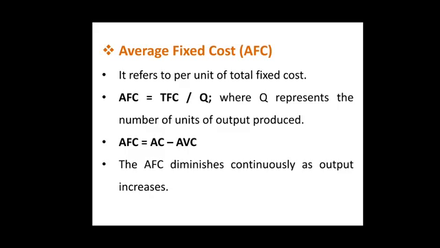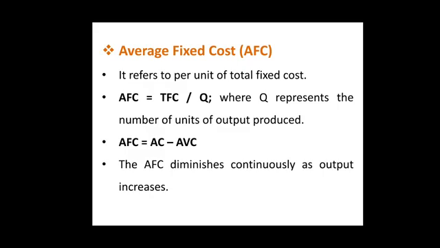Average fixed cost equals total fixed cost at each level of output, that is TFC, divided by the number of units of output produced, that is Q. Thus, AFC is equal to TFC divided by Q, where TFC represents total fixed cost and Q represents the number of units of output produced.